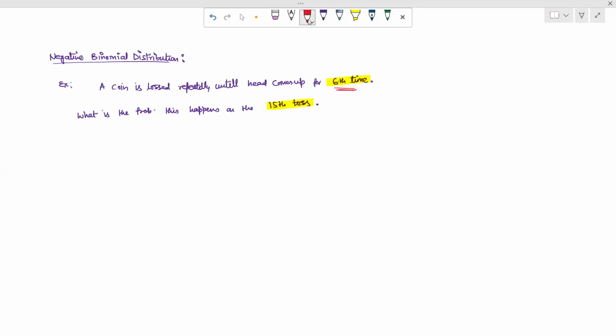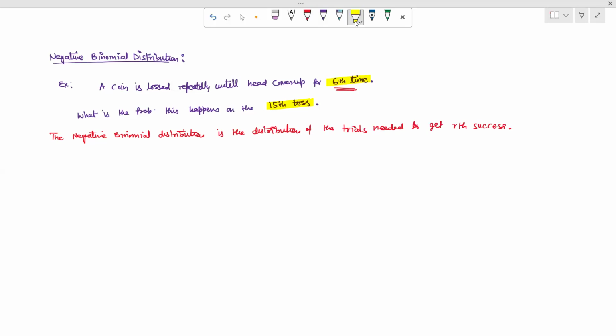So this is the basic difference between binomial and negative binomial. We write this as the negative binomial distribution: it is the distribution of the number of trials needed to get the rth success.